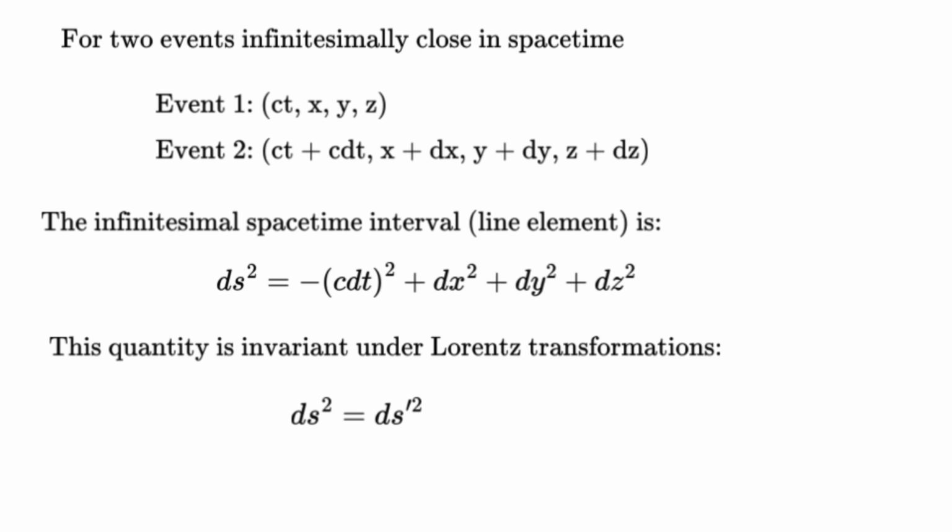For two events infinitesimally close in space-time, Event 1: ct, x, y, z. Event 2: ct plus c dt, x plus dx, y plus dy, z plus dz. The infinitesimal space-time interval, the line element, is ds squared equals minus c squared dt squared plus dx squared plus dy squared plus dz squared. This quantity is invariant under Lorentz transformations.